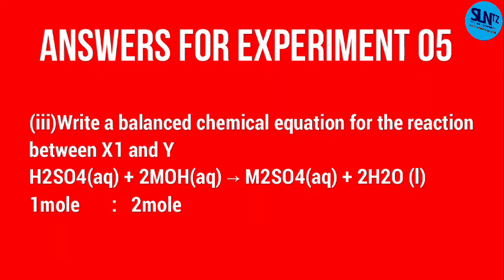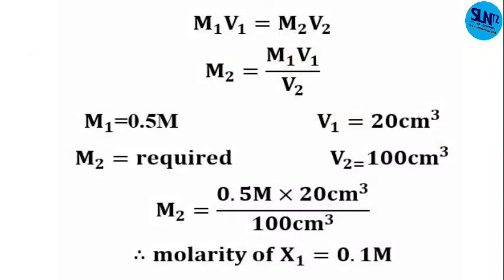That is our balanced chemical equation, and the molar ratio is: number of moles of acid is 1 and number of moles of base is 2. Then another question is to calculate the following: the molarity of X1 and the molarity of Y. We start with the molarity of X1.